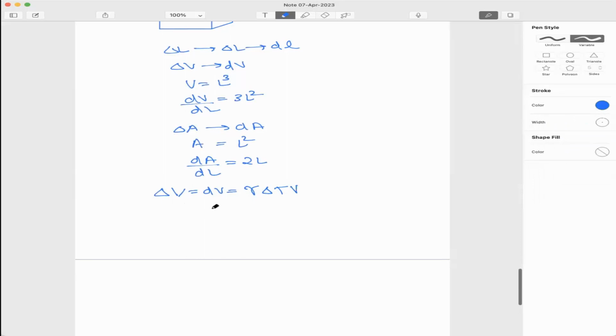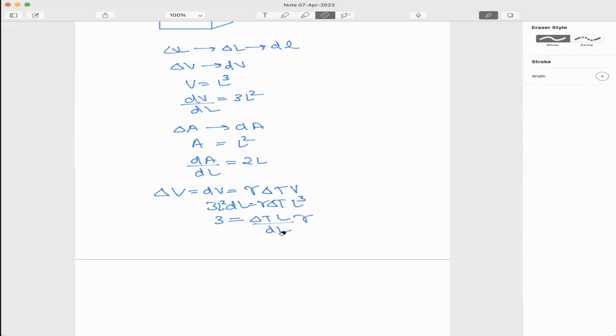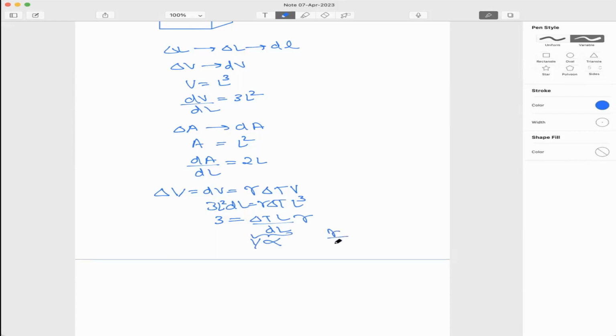Gamma delta T into V. So dV we know in terms of length: 3L square DL equals gamma delta T L cube. And we know DL is alpha L delta T. So 3 equals delta T L by DL into gamma, that is 1 by alpha. So gamma by alpha comes out to be 3, and gamma is 3 alpha.